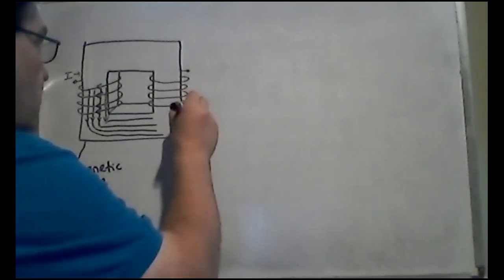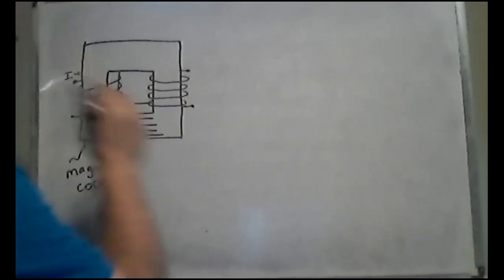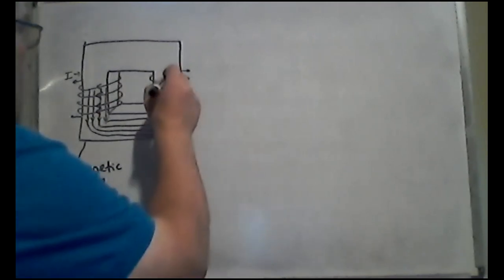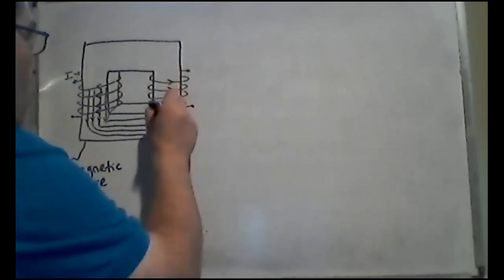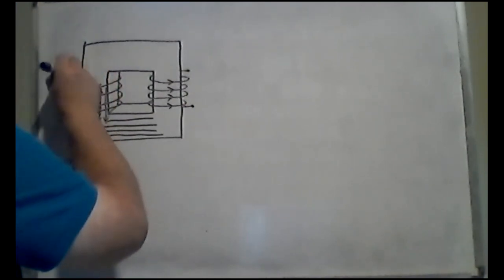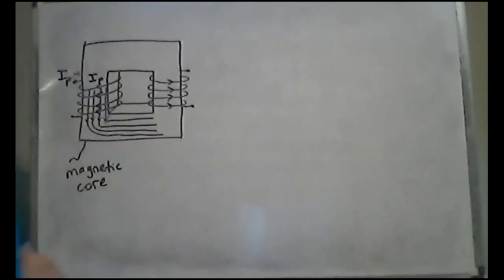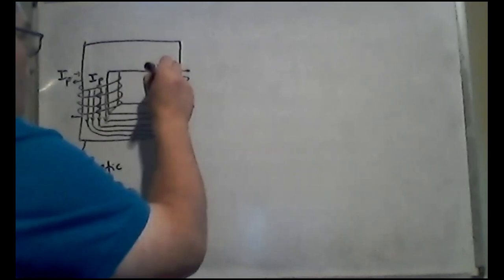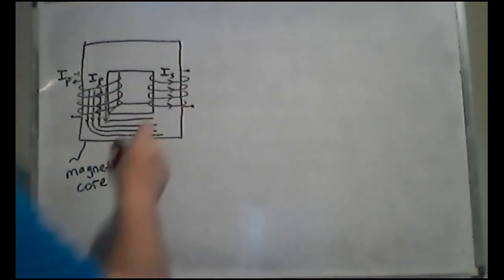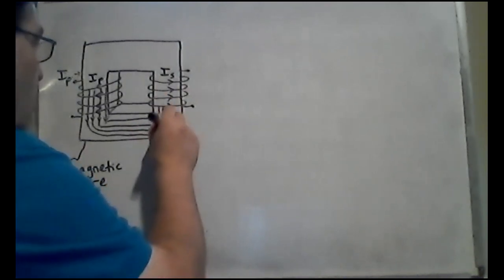The magnetic field is going up, so the current is going to be going around this way. This is my primary, I sub P. So each of these currents will be I sub P, and the current over here will be I secondary, I sub S. And of course the magnetic field lines are coming around, going straight through.